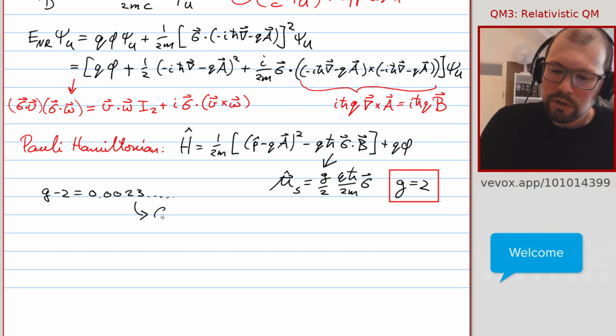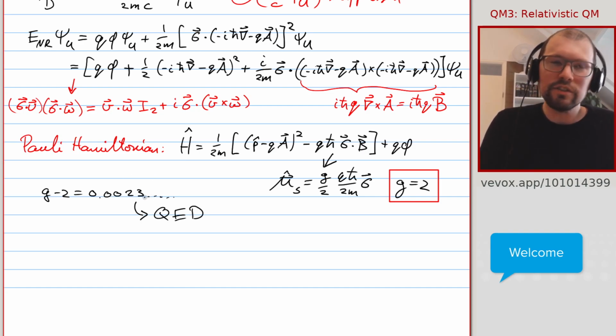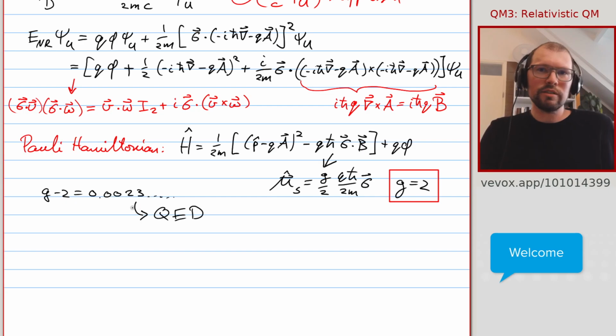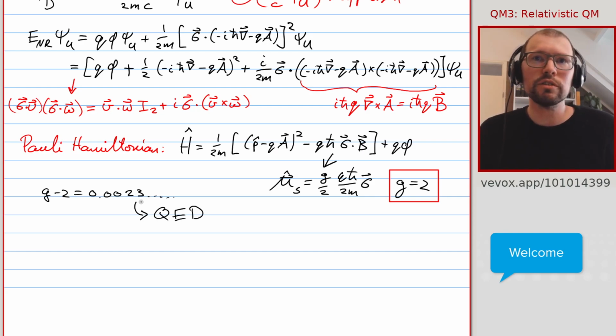They actually come from quantum electrodynamics, meaning quantization of the electron field interacting with the electromagnetic field. So you can never derive these numbers from just looking at free particles like we're doing here. So this is really an interacting correction term.